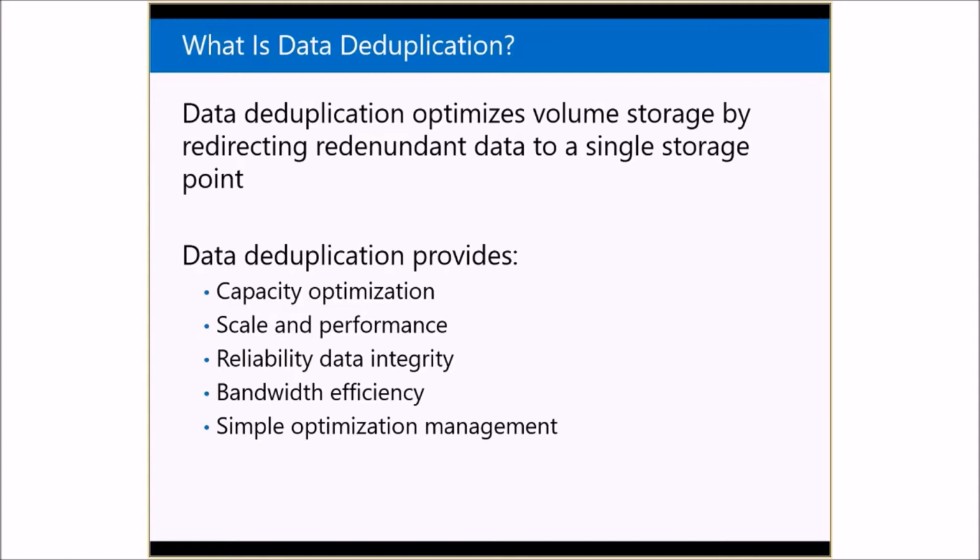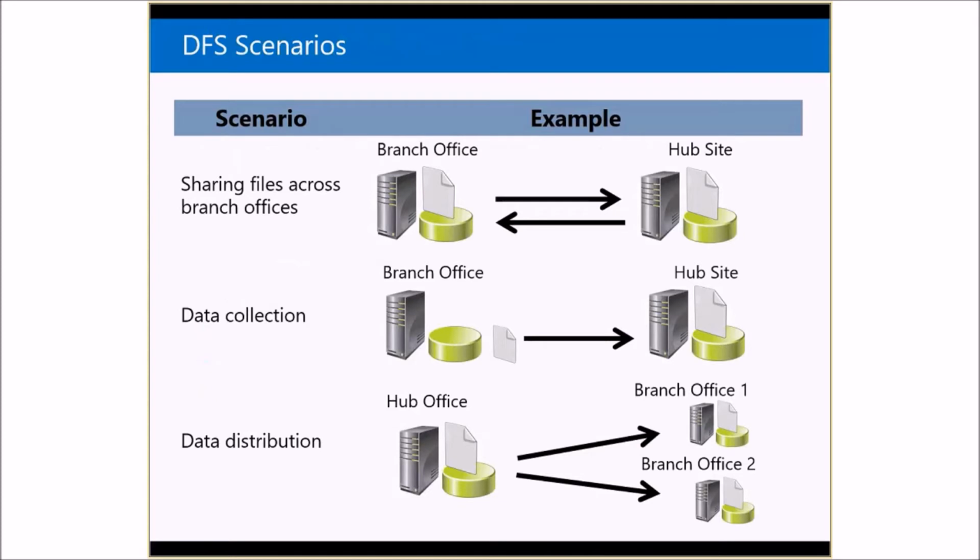So basically, reliability means it's keeping data in a reliable way, and obviously the data doesn't get corrupted, and it's maintaining its integrity. Bandwidth efficiency, simple optimization management, and so that's pretty much all we're going to talk about regarding data deduplication in this subject.